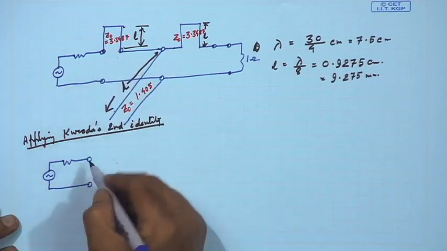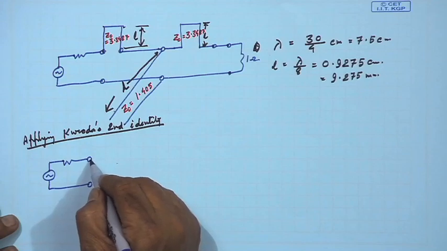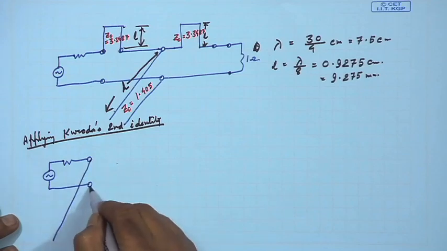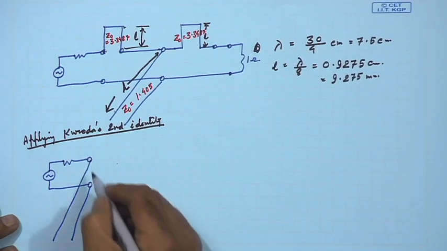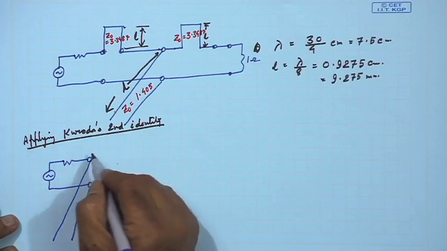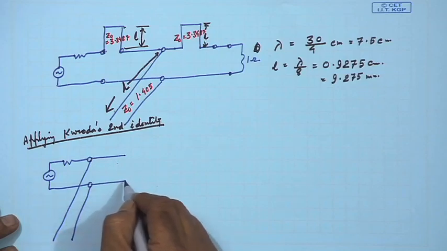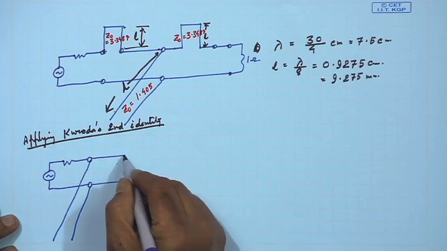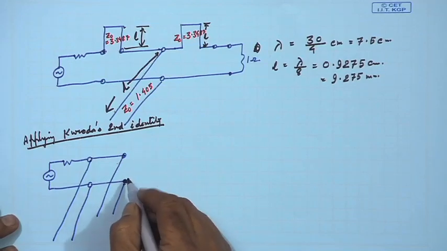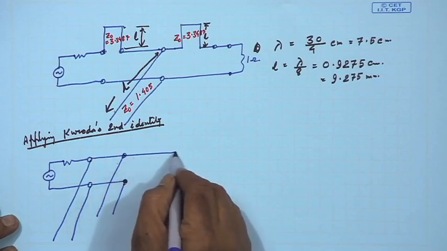So, instead of this I will make a shunt stub.